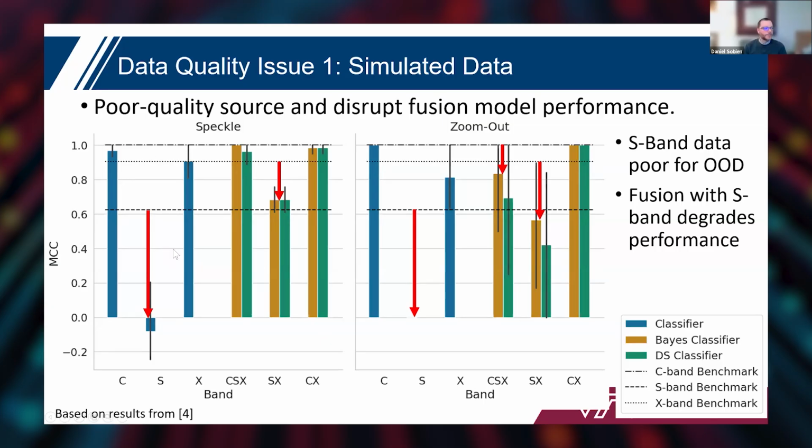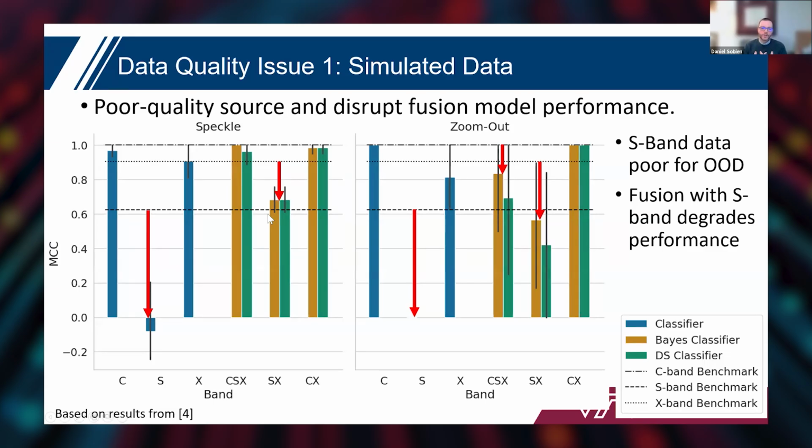There is a large impact on the S-band model performance. And we see that kind of crossover into the data fusion, the ones here on the right. We combined C and S, S and X, and C and X bands.